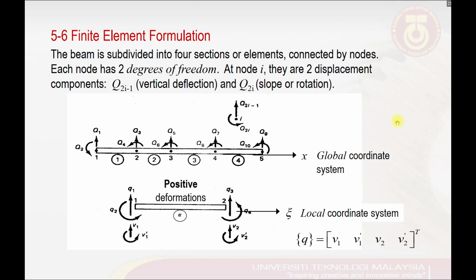So to make these finite elements easy to construct and solve, a positive sign convention should be imposed. The positive deformations for one beam element are as shown in the bottom figure. The positive translation is always pointing outwards at any point, and the rotation or slope is in the anti-clockwise direction.